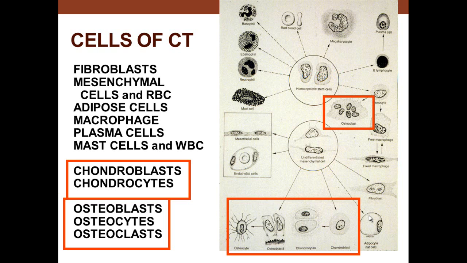Of the bone and cartilage cells we'll be talking about today, we have the chondroblasts, which give rise to chondrocytes. We have osteoblasts, which give rise to osteocytes. And another main player is the osteoclast, which is derived from the monocyte because it is a phagocytic cell that allows remodeling of bone.